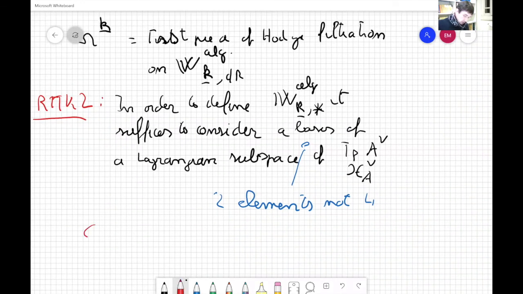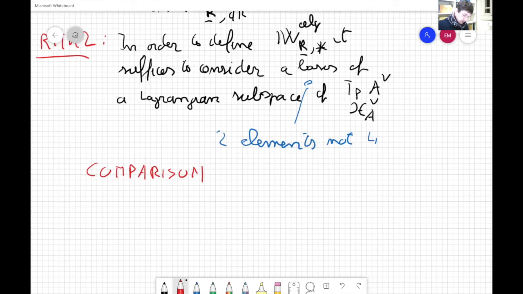Okay, so now the comparison. So we have seen the perfectoid tower appearing often now, so I will freely use it since we psychologically digested this.